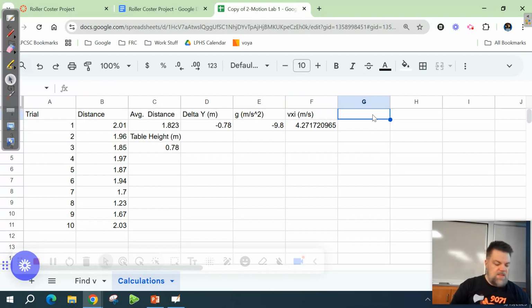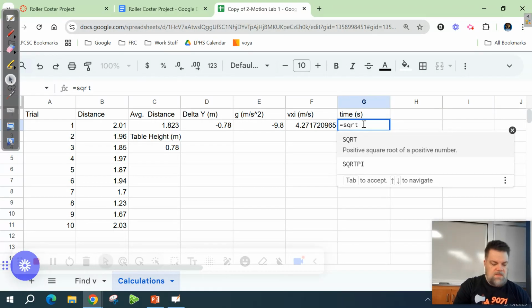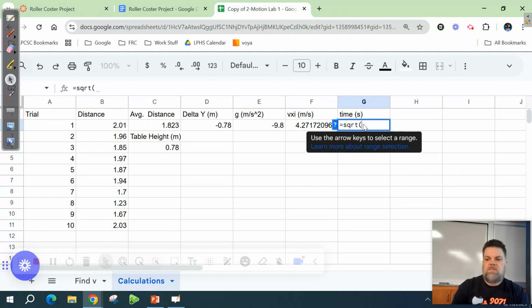So now if I want to find the time, am I going too fast? You guys able to keep up? All right. So now the time, we just got to do that formula. So it's equals, how do we do square root again? Anybody remember? It's SQRT, right? Open your parentheses.